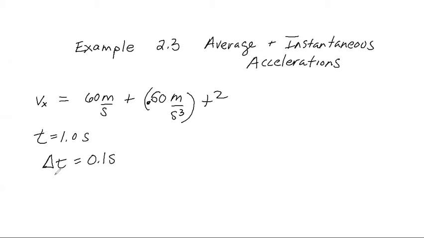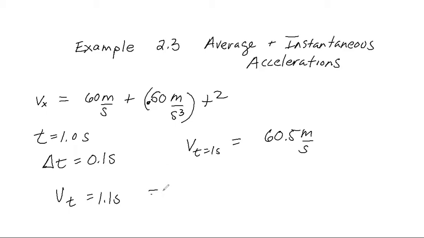I know my V at t equals 1 second from part A was 60.5 meters per second. Now I want to know what V at t equals 1.1 seconds is.